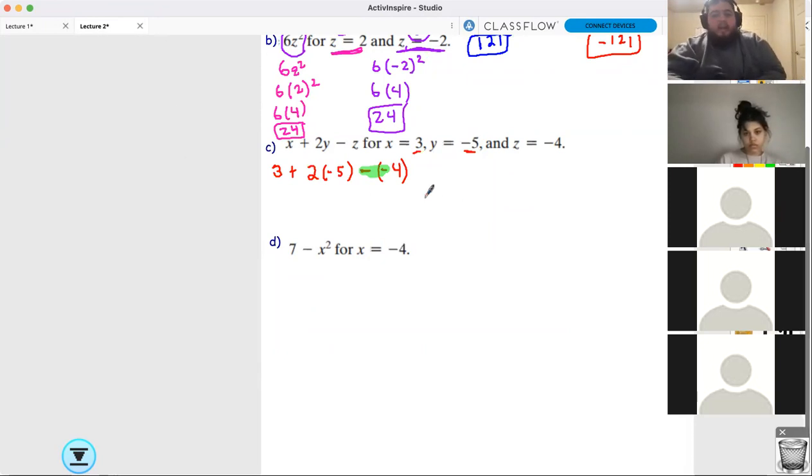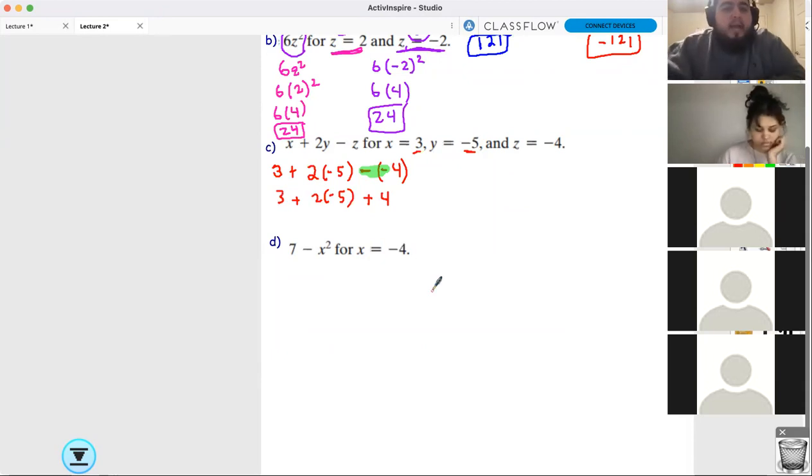So then we get plus 4, bring down the 2 parentheses -5, and then bring down the 3. So now we're doing PEMDAS. No parentheses, no exponents. So now we're going to go ahead and multiply. Can someone tell me what 2 times -5 is? I think that's a -10.